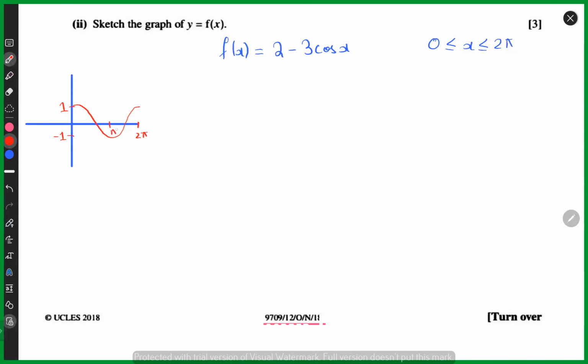Center value is pi. Oh, sorry. This one is pi by 2. And this is 3 pi by 2. This is just the basic stuff about cos, which I'm pretty sure you guys would be knowing already. But let's talk about the main graph now.